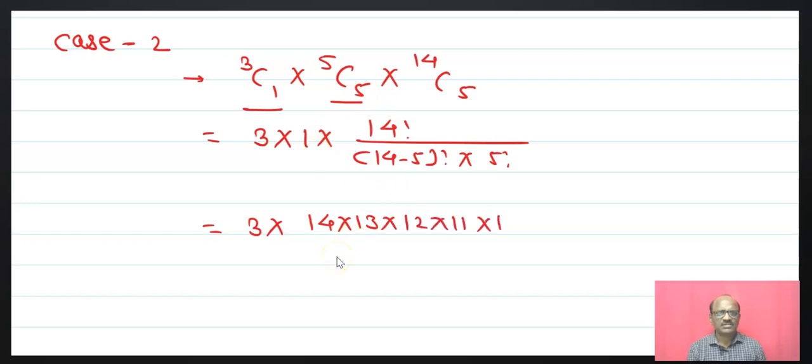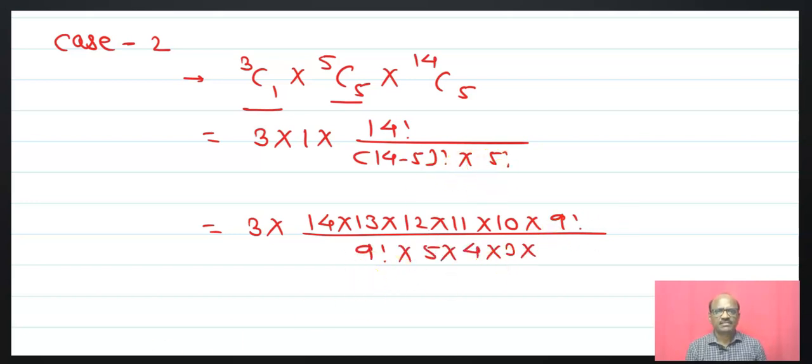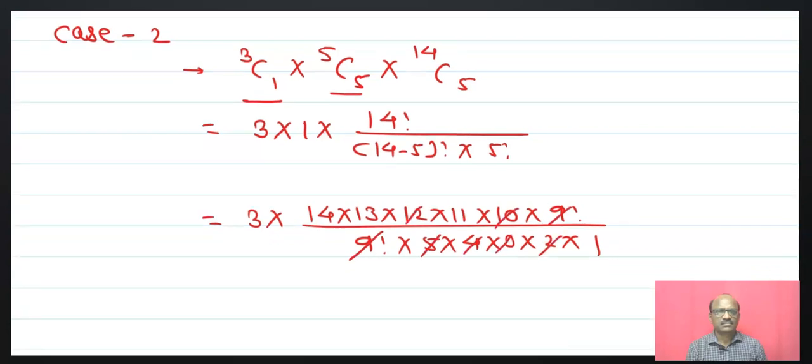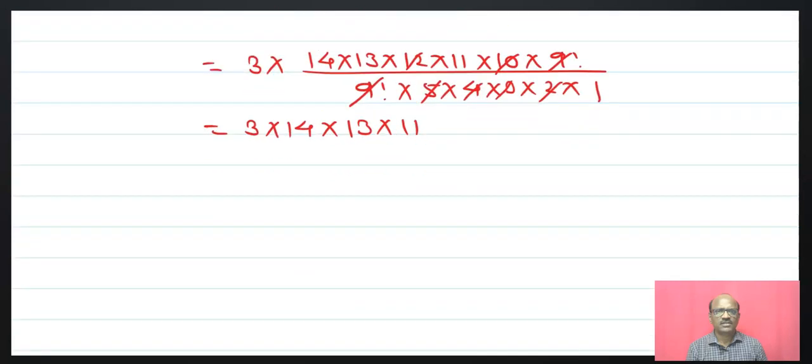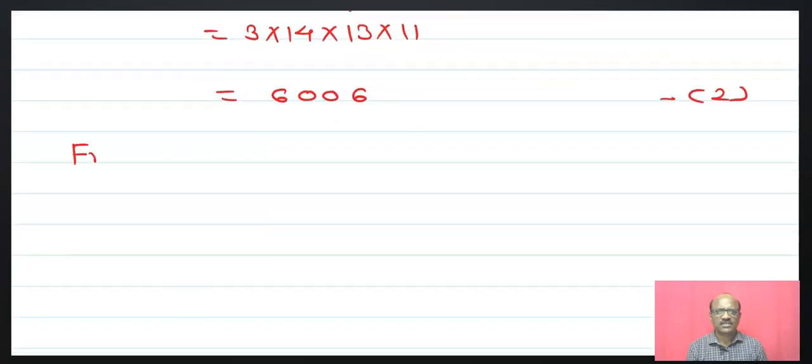Now perform the calculations here: 14 factorial upon 14 minus 5 factorial into 5 factorial. Therefore, you will get 3 into 14 into 13 into 11, that is equal to 6006.